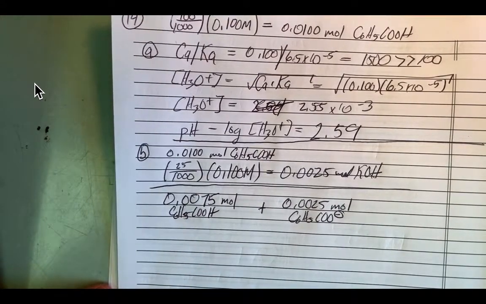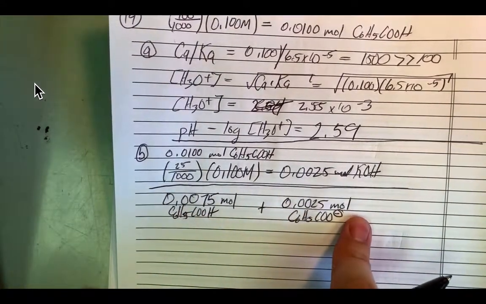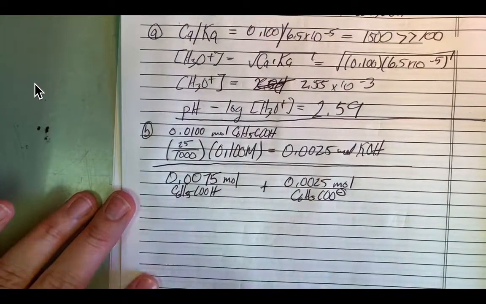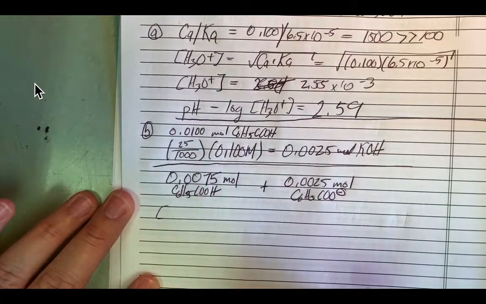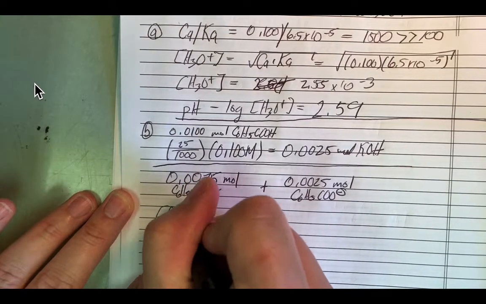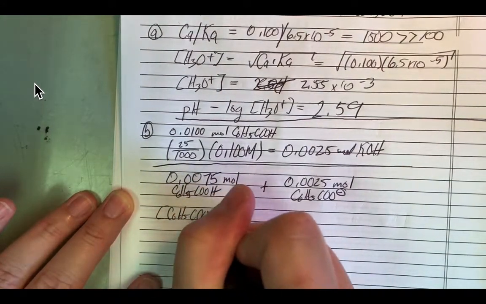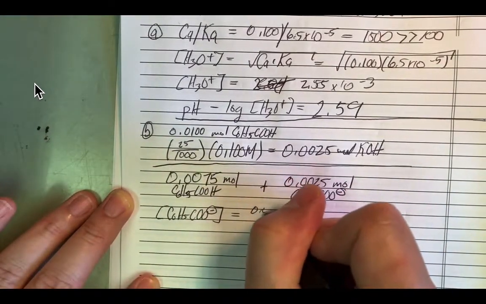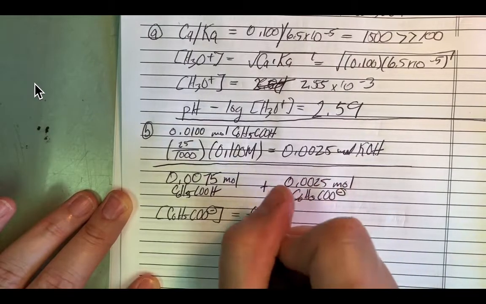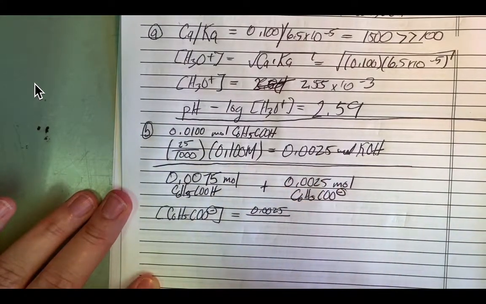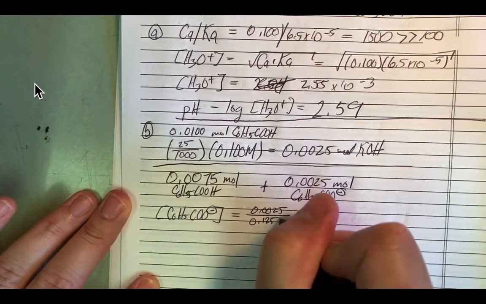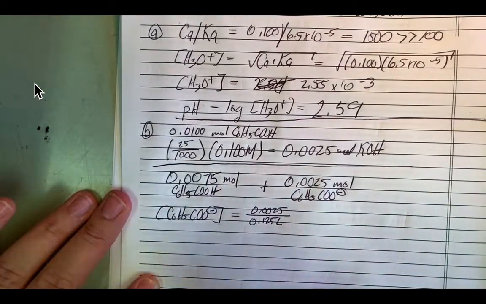And so we're going to have to calculate the concentration of the acid and base and then use the Henderson-Hasselbalch equation. So concentration of the base: our total volume right now is 125 milliliters or 0.125 liters.